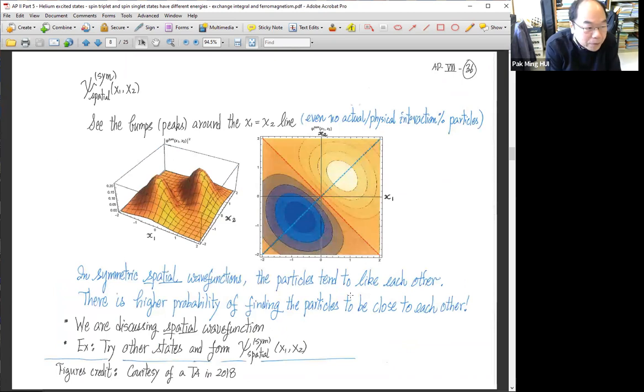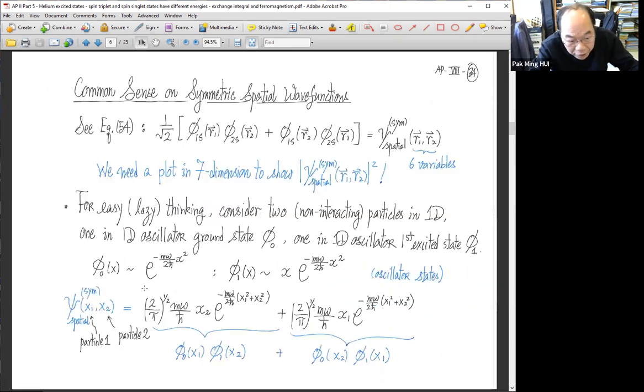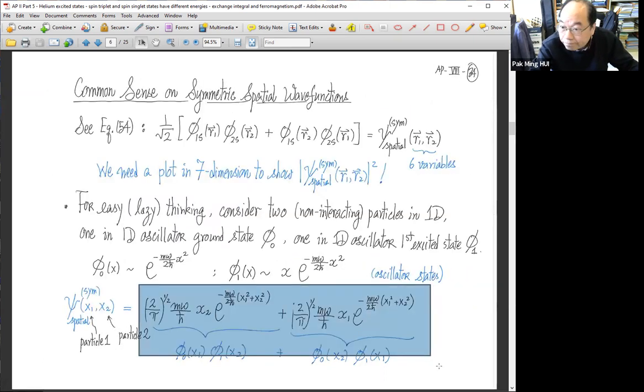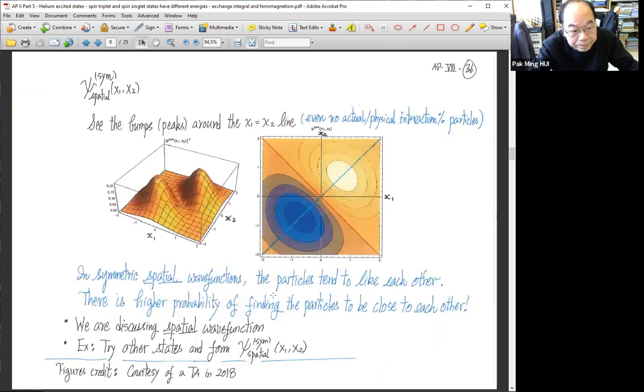In the next problem set, you will be asked to plot some three-dimensional plots. If you don't have a tool in your hands, go to the exercise class. I hope the TA will tell you some existing and free of charge tools to do so. So here, I simply plot out this thing squared.